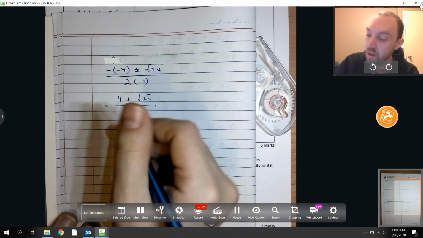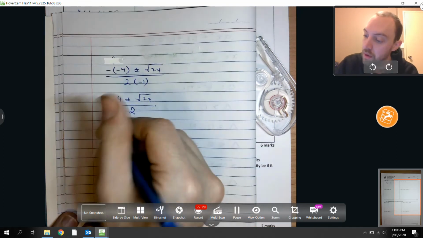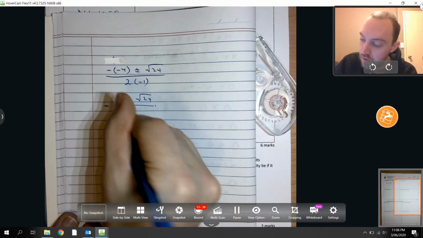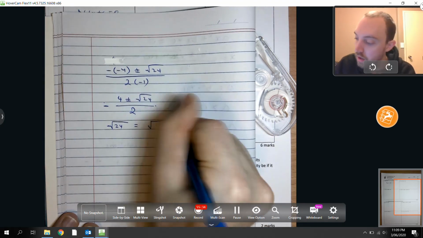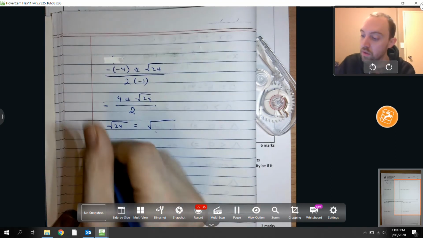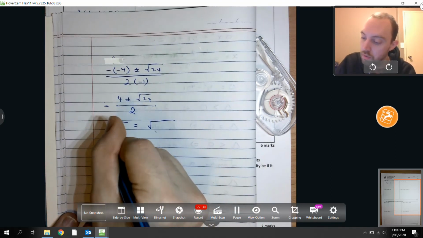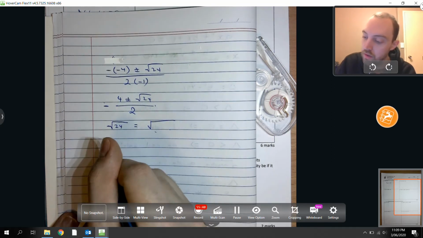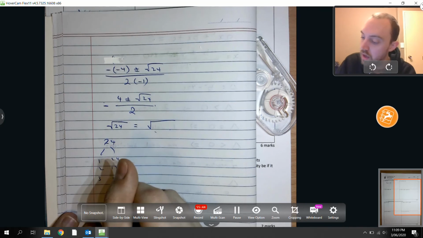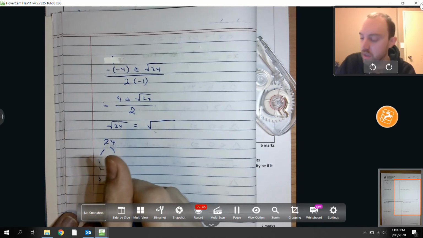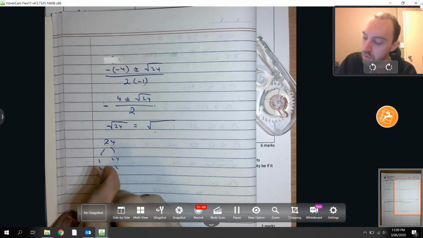So there's a lot to unpack in question 5, but if we can express 24 as the product of two numbers, so for example 24 has factors 1 and 24, 2 and 12, 3 and 8, 4 and 6.